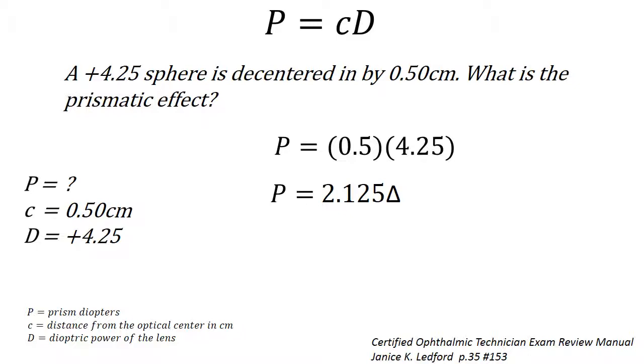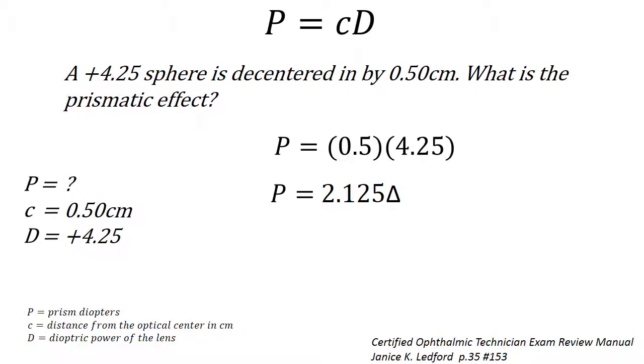We know it's 2.125. I highly, strongly, greatly recommend drawing a picture and following your picture all the way through. I can't stress that enough, because if you're taking the certification exam, you're going to have a multiple choice, an A, B, C, and D to choose from. You might get this far, but I guarantee you're going to have two answers.